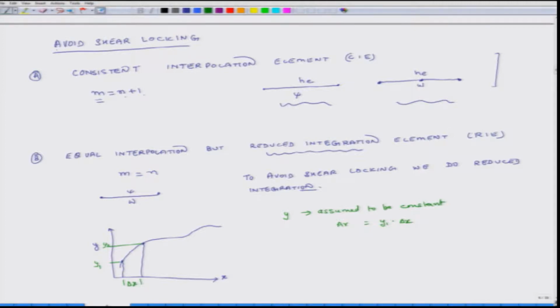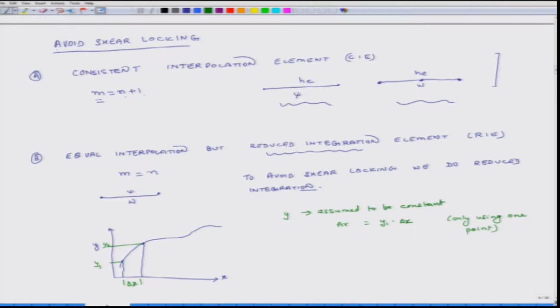This is one estimate of the area. It may not be accurate, but it is one estimate, and in this case I am only using one point over the element to get the area. One point in this case is y1.